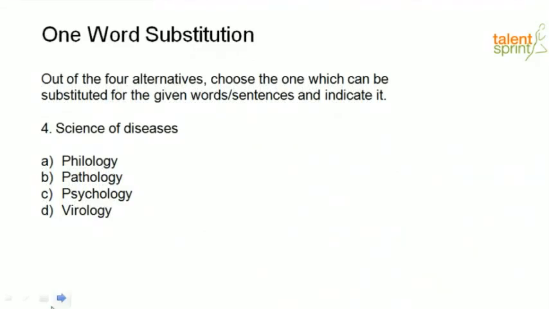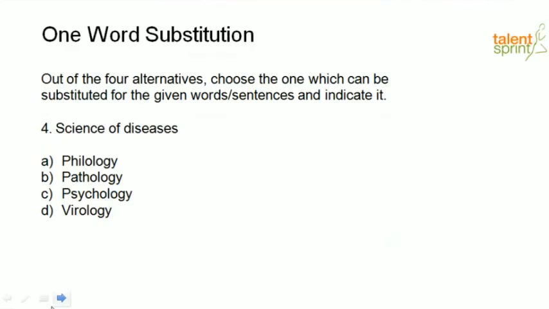Signs of diseases. 4 options here, right? The first option, option A is philology. Option B is pathology. Option C is psychology. Option D is virology. Some of it you might already be aware of, right? For example, psychology, I'm guessing you should be familiar with that, right?